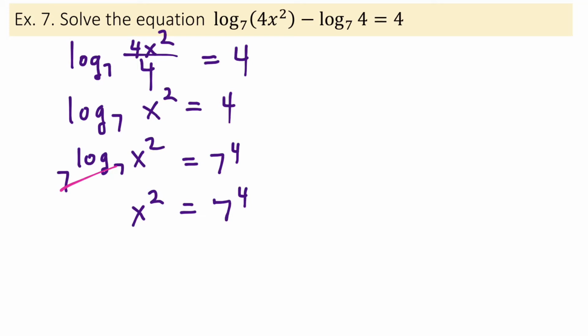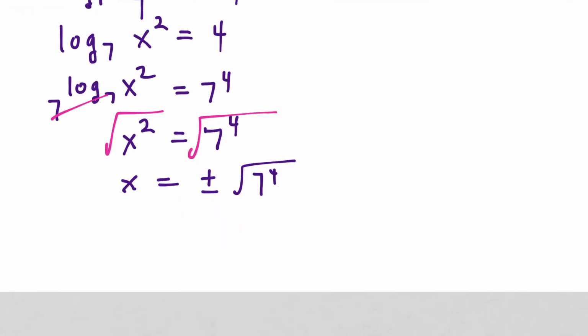Now, whenever you're solving a quadratic, you've got to consider that you've got the plus or minus. All right, so if I want to solve this, I would take the square root of both sides, and I would get x is equal to plus or minus the square root of 7 to the 4th power. All right, now let's write that a little differently. Let's write it so we can take advantage of what we know now about rational exponents.